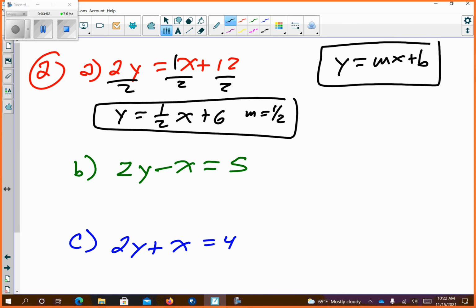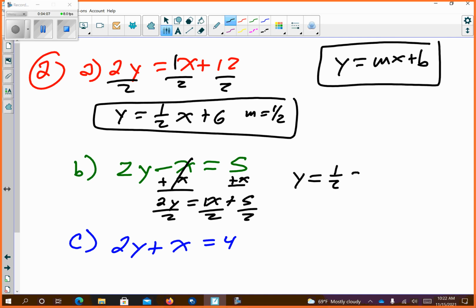Second one, I want to add x to both sides. So I get this. Those cancel. Divide everything by 2. Realize there's 1 in front of that. So I get y equals 1/2x plus 5/2. So the slope of this one is 1/2.